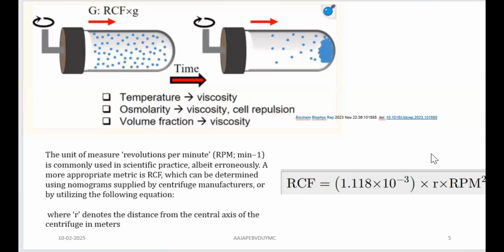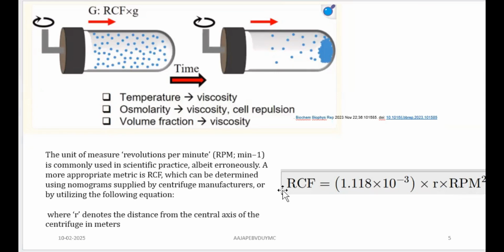Now, if I have two instruments, two centrifuges running at 12,000 RPM, right? But the R of one instrument is 4.8 centimeter, and R for another is 8.4 centimeter. Will the RCF be the same? Surely not, right?